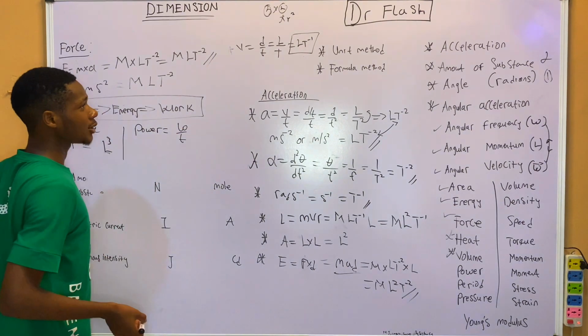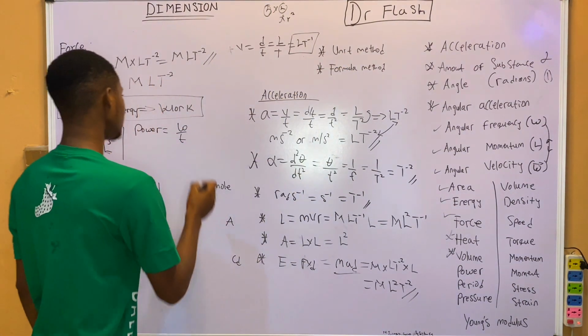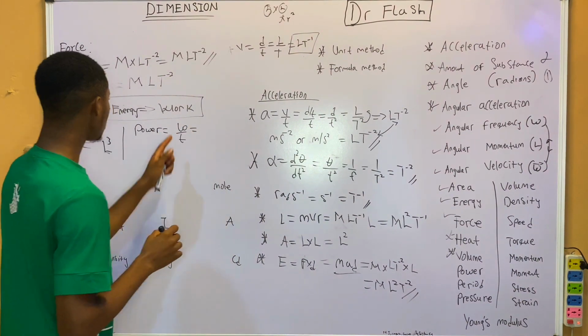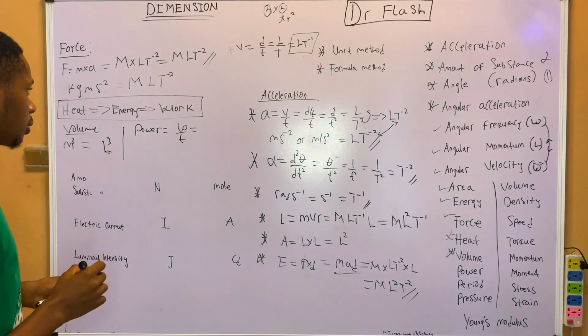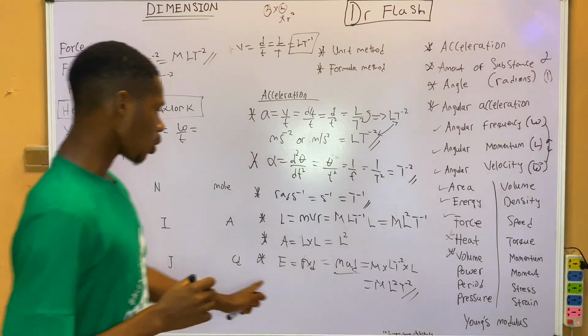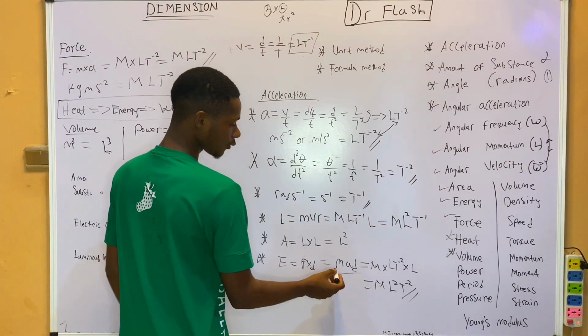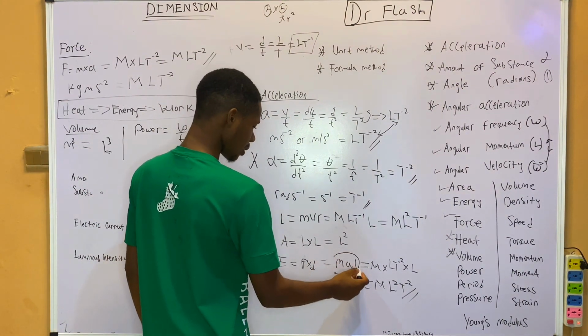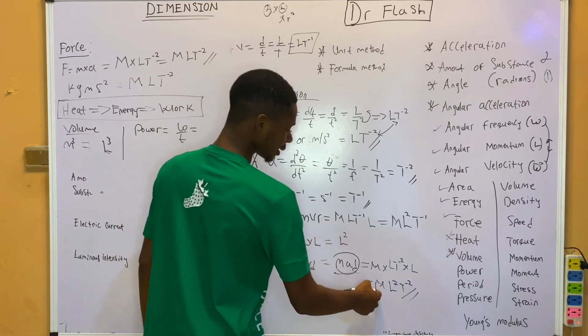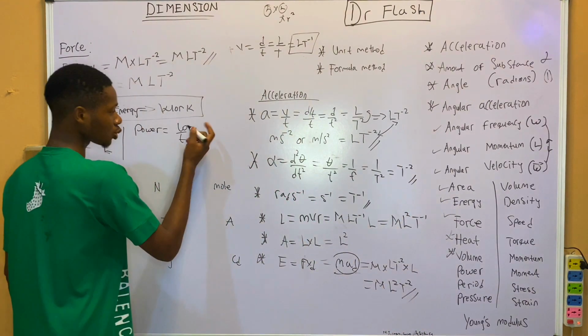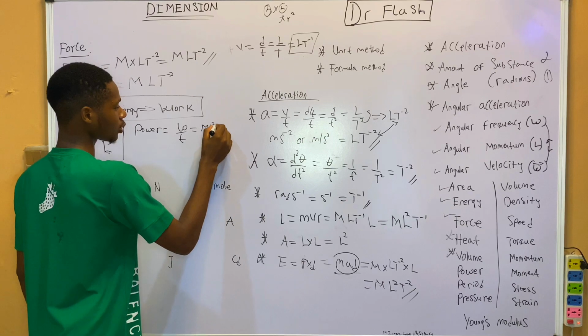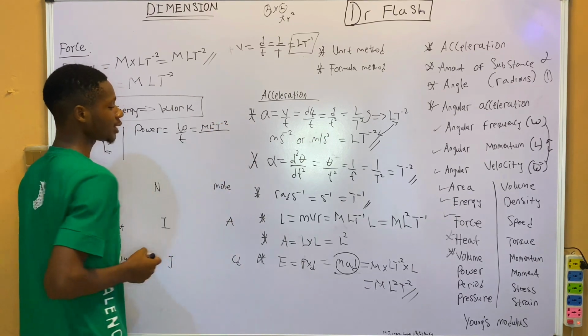Now, to make things easy, let's fall back to the unit method. From the unit method, we've done the dimension for work. We can get the dimension for work from mass times acceleration, which is the same as energy, that is ML²T⁻². So I'm just going to repeat it: ML²T⁻² divided by time.